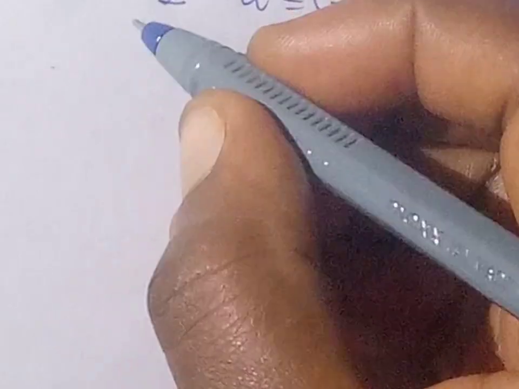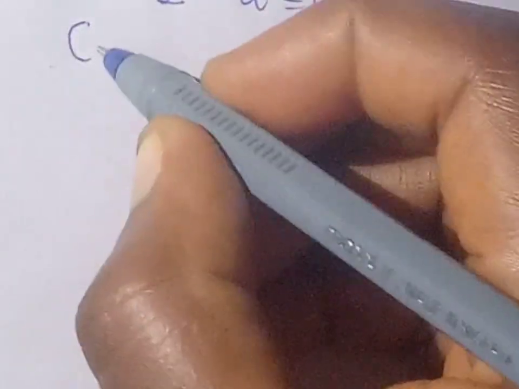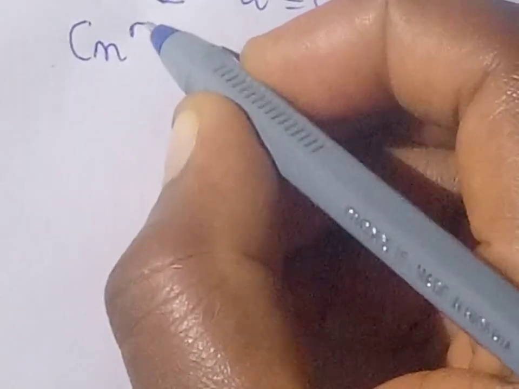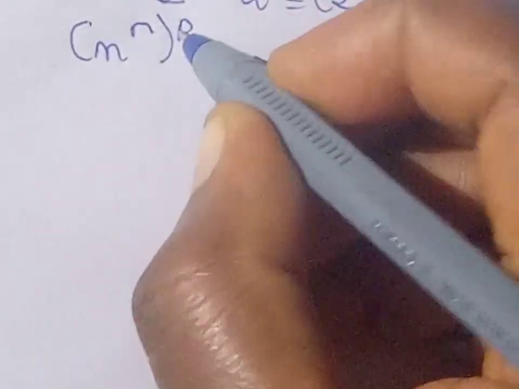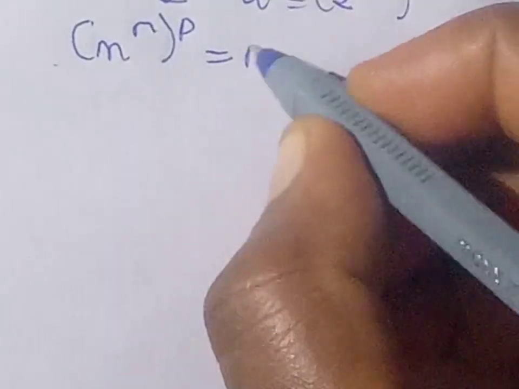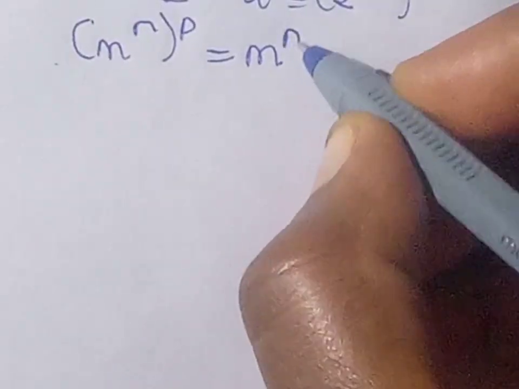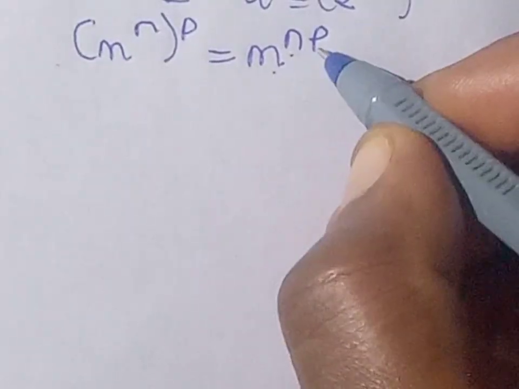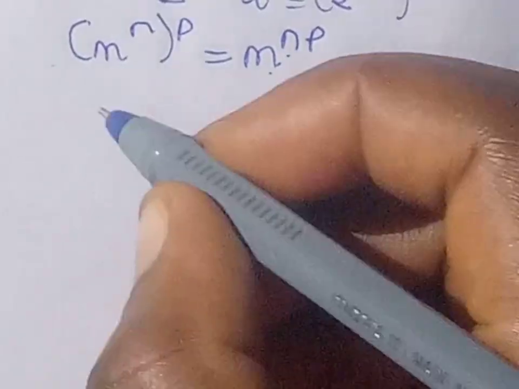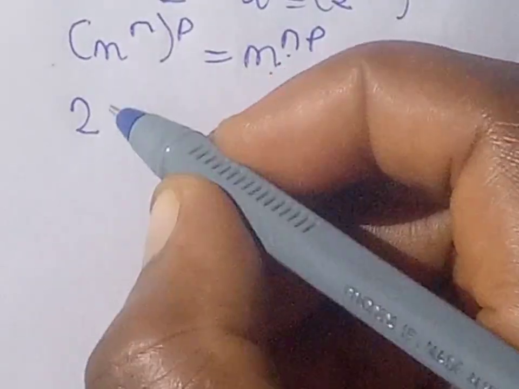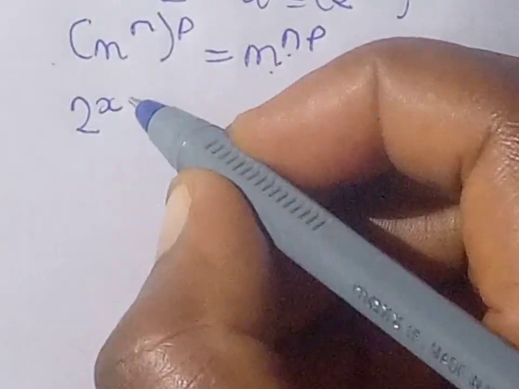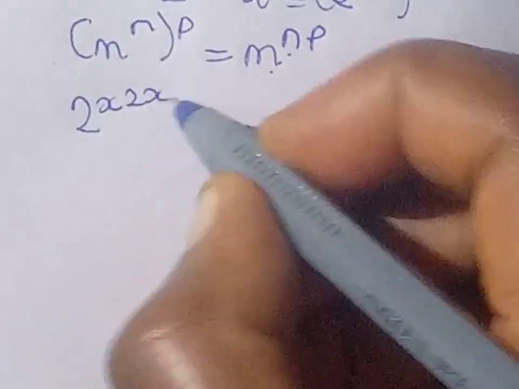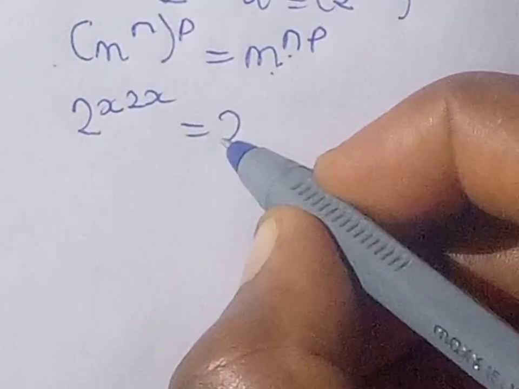Using the exponential rule, which says m raised to the power of n, to the power of p, will give us m raised to the power of n times p.